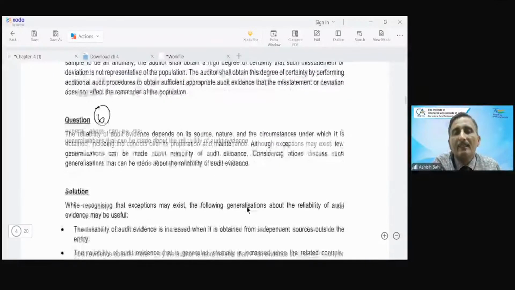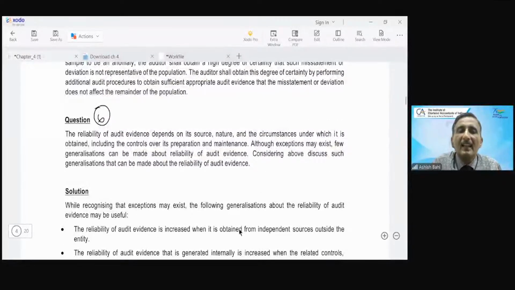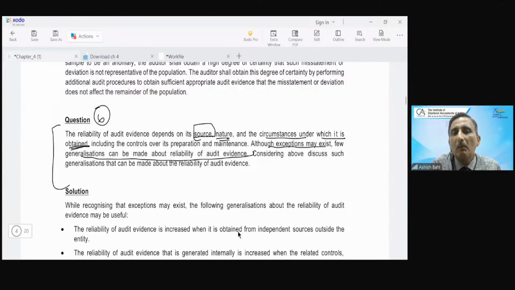Yes, see question number 6. It is again a totally theory-based question. The reliability of audit evidence depends upon its source. We have discussed audit evidence, its nature and the circumstances under which it is obtained. Although a few exceptions may exist, a few generalizations can be made about the reliability of audit evidence.